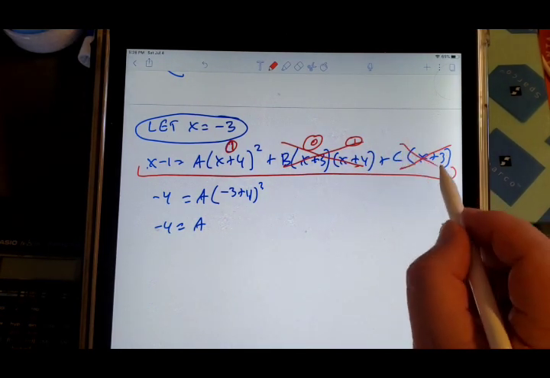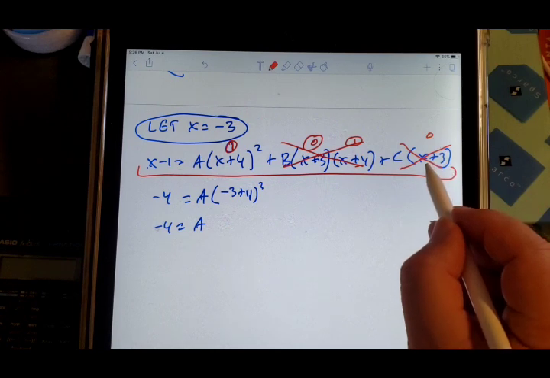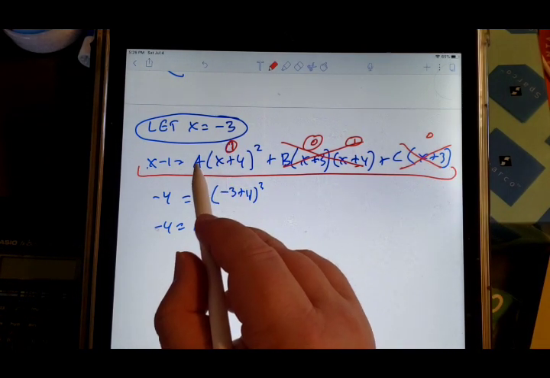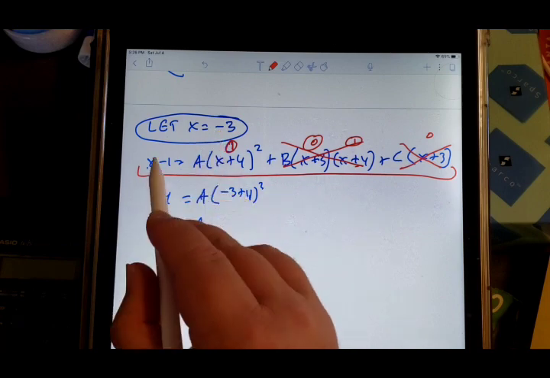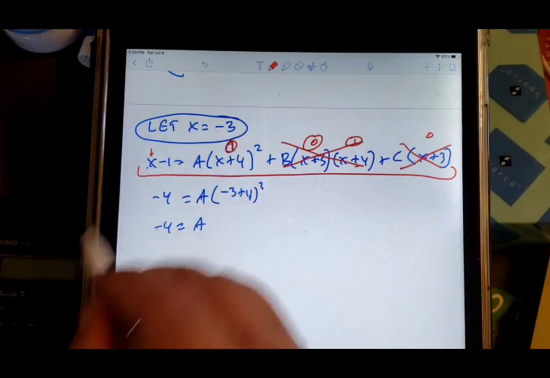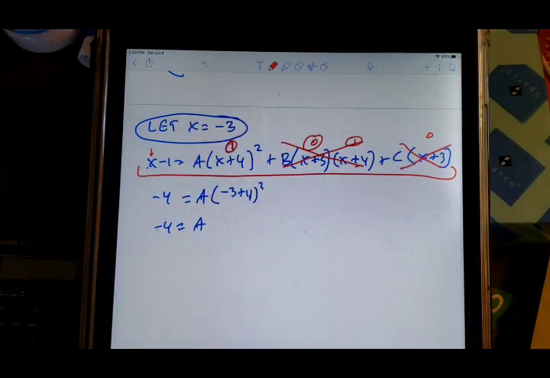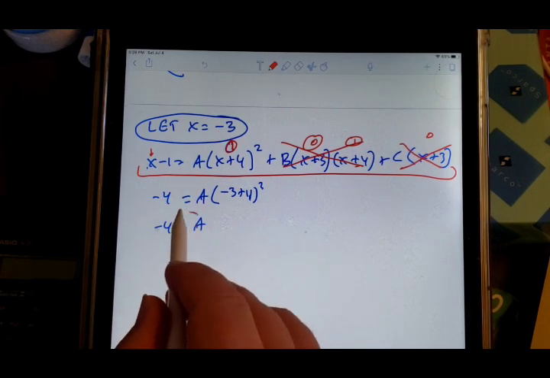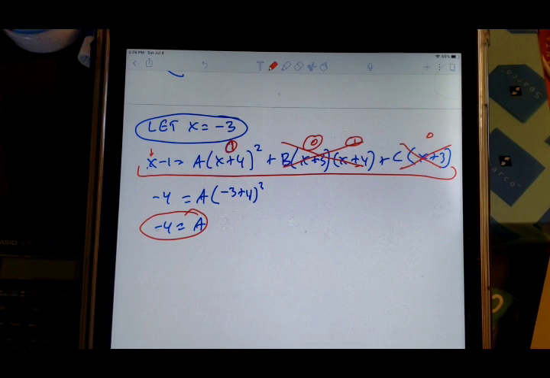And it even makes this a 0. So I get 1 times a. And what would a -3 do on this side of the equal sign? -3 minus 1 would be -4. So look how quickly I find out that a is equal to -4.